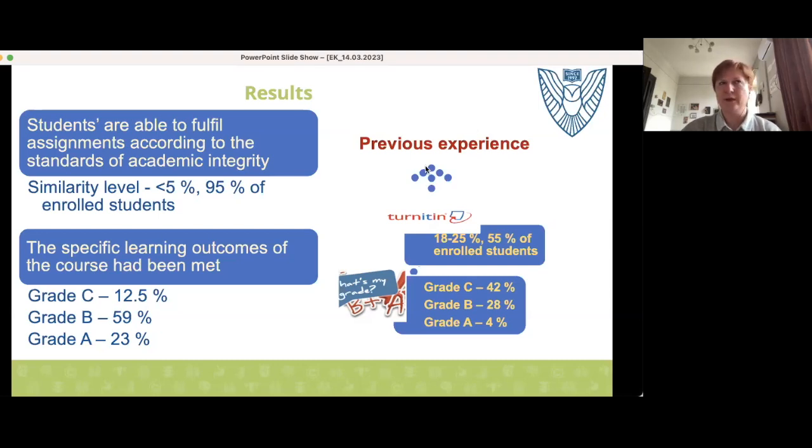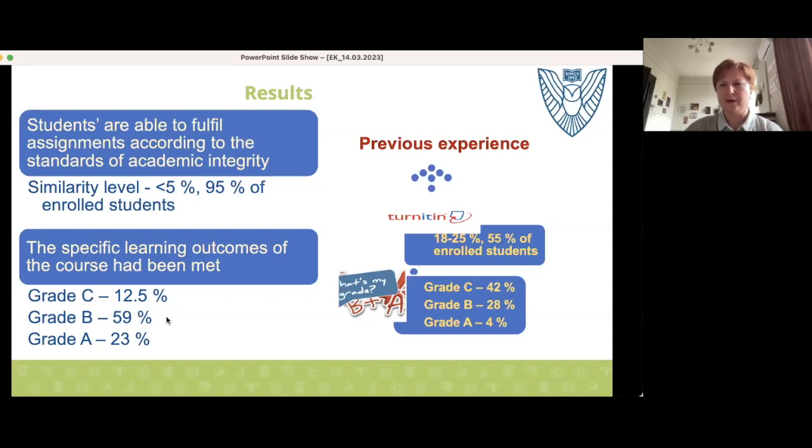Just to compare why we decided to present you such data: our previous experience, when we performed the same assignment with students of the 12th semester but without the simulation platform, gave us a similarity index of not less than 18% and up to 25%. And such similarity was present in 55% of submitted case reports.